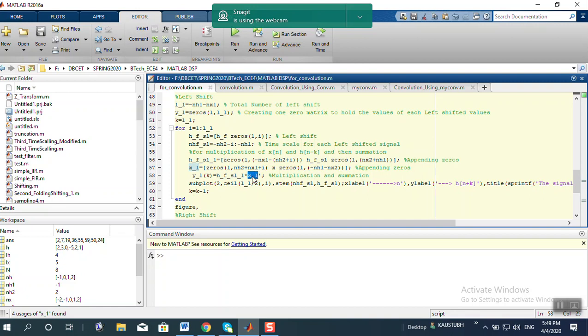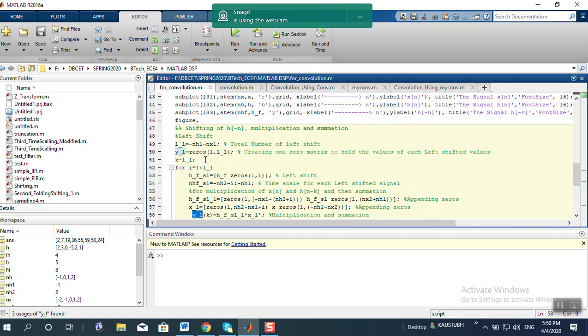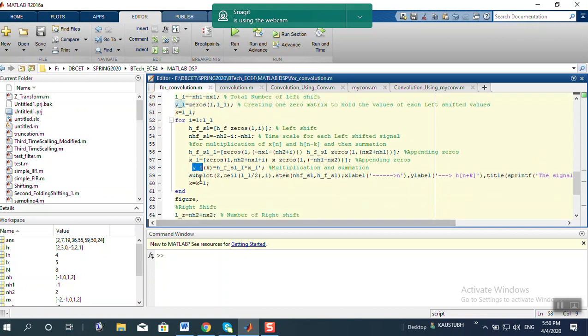So this is transposed, this prime does the transposition, so it becomes a column. Once it becomes a column, it is normal matrix multiplication, meaning multiplication and addition. So this y underscore L now has the final result, multiplication as well as summation, for all the left shifts within this loop.